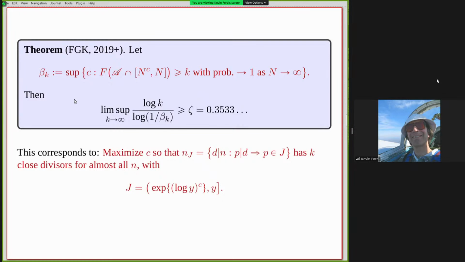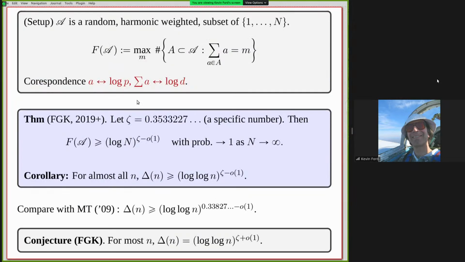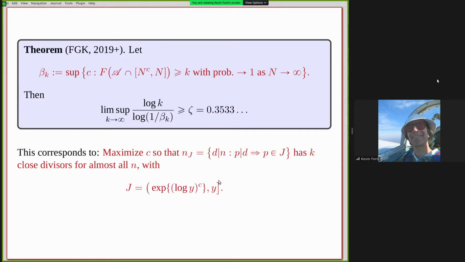And then, of course, we use the Maier-Tenenbaum idea to glue many disjoint intervals together, and that's how we obtain the theorem on the previous slide, this lower bound here with a certain exponent on log n. Okay, so going from this theorem to the previous theorem is not much of a mystery.